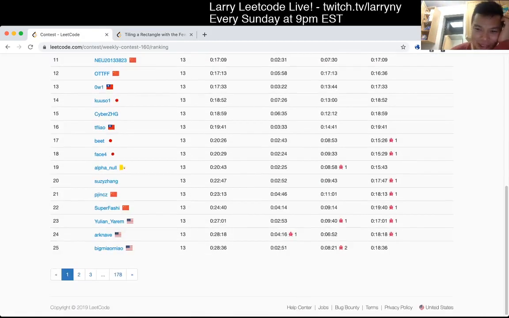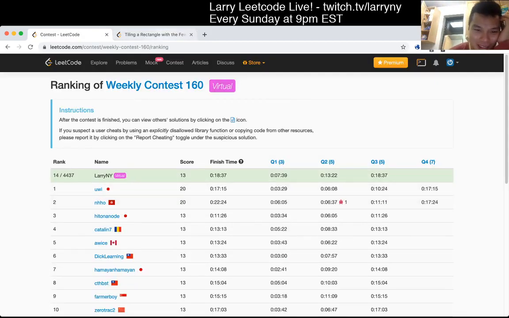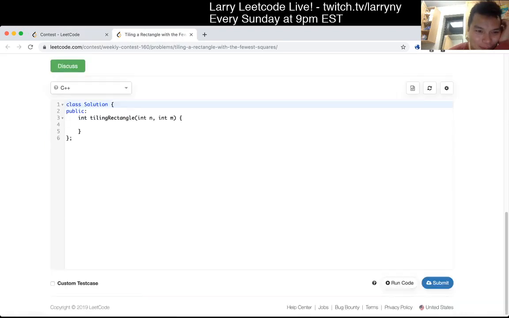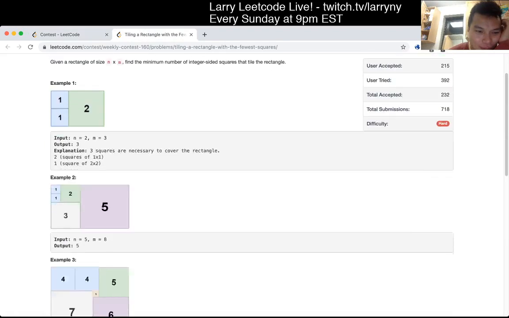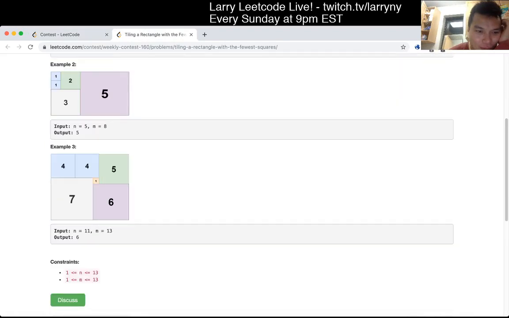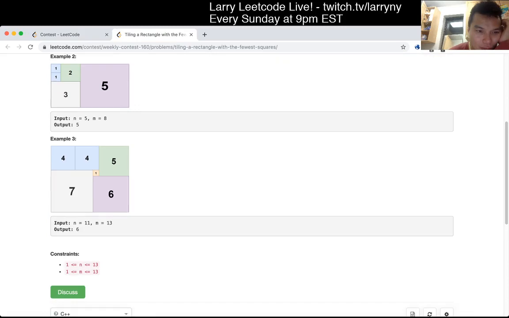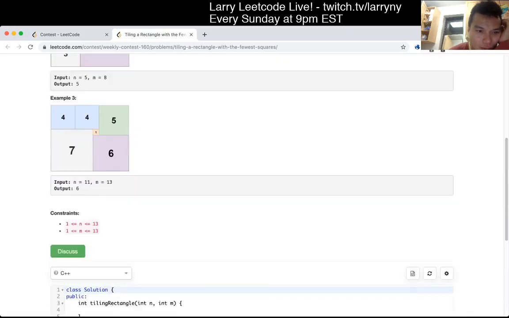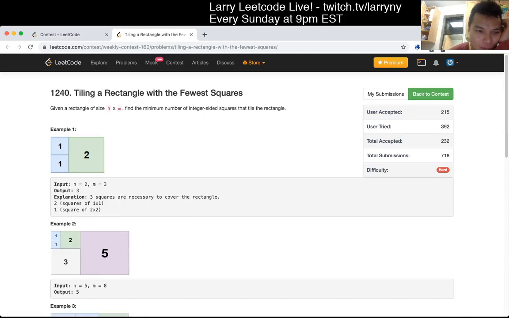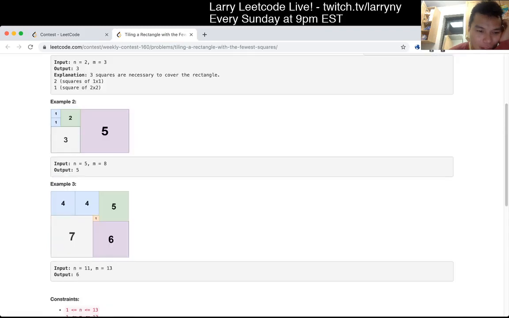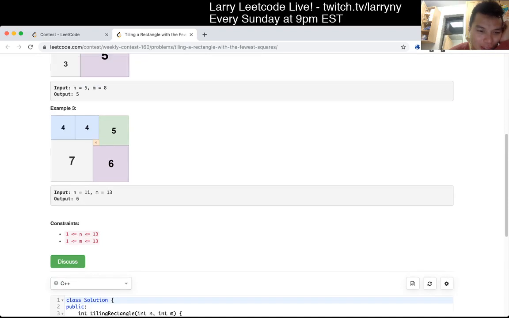So as I said, people already solved this. Probably have seen this before though. But wow. I think it's greedy brute force, but I don't even know how to begin to implement it.